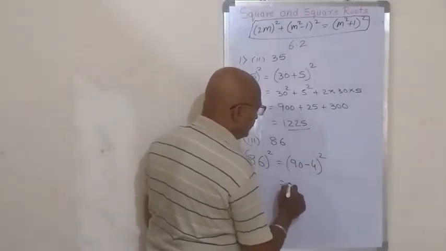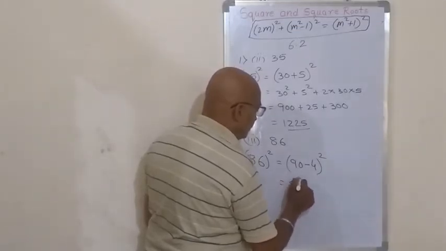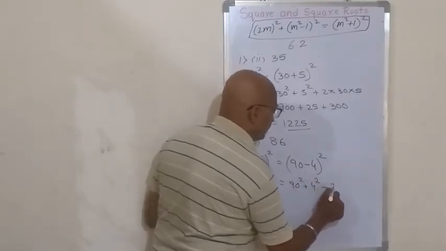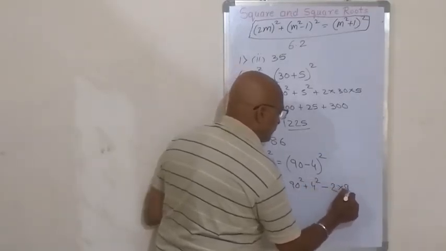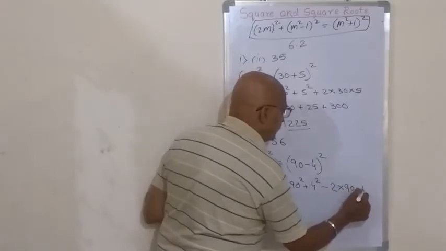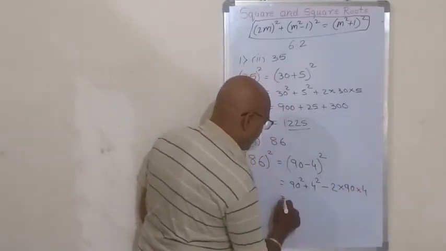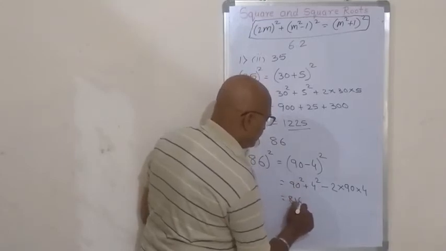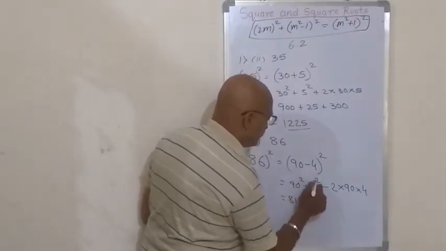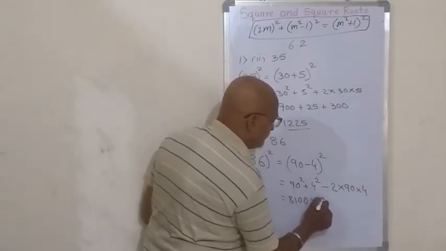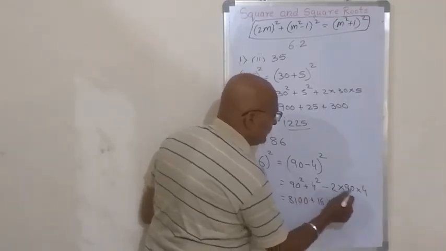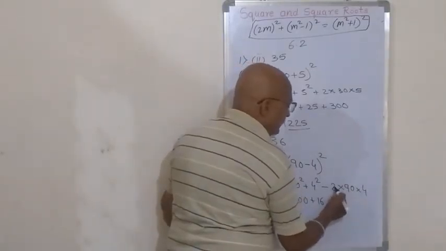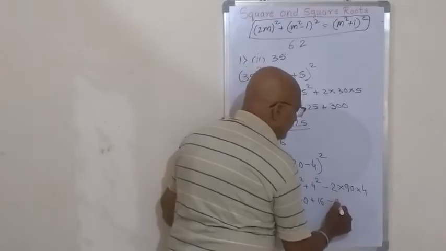Now 90 square plus 4 square minus 2 into 90 into 4. What we get here? 90 square is 8100, plus 4 square is 16, minus 4 2s are 8, and 8 9s are 72.